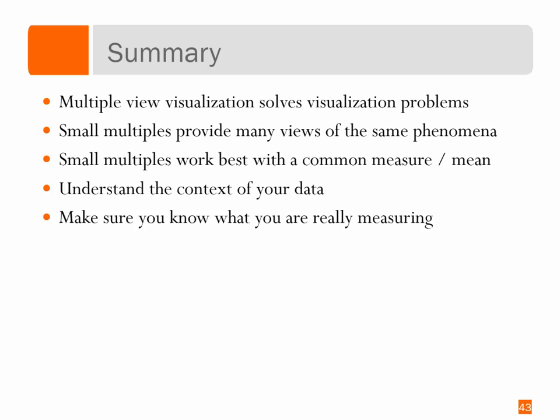Small multiples, which is one of the types of multi-view visualization, gives us many views of the same phenomenon side by side, so we can make comparison and contrast. Small multiples work best with a common measure or a mean. So if you will recall, we sorted our small multiple views by the median measurements.